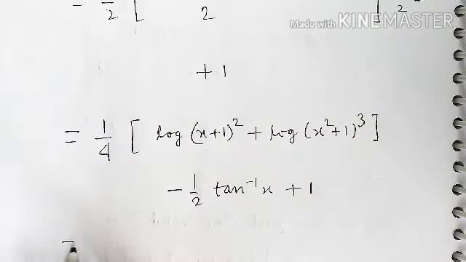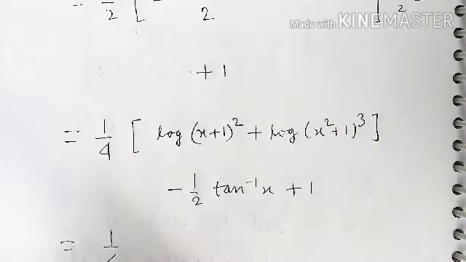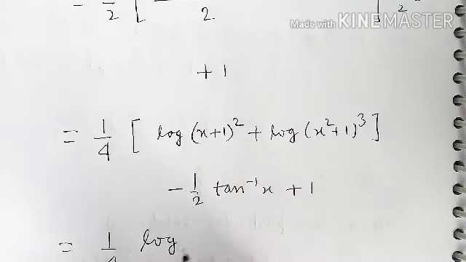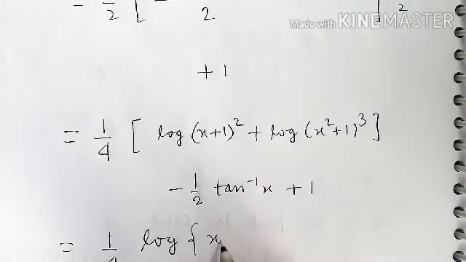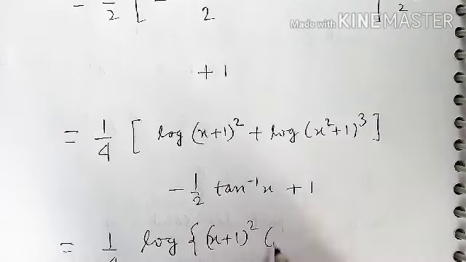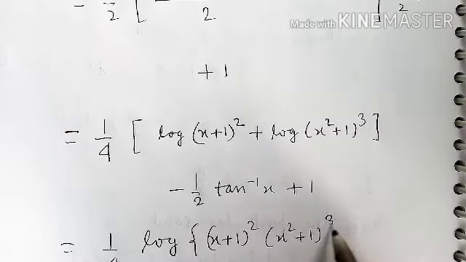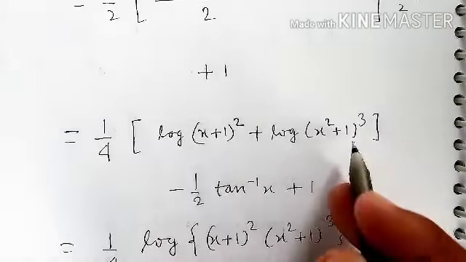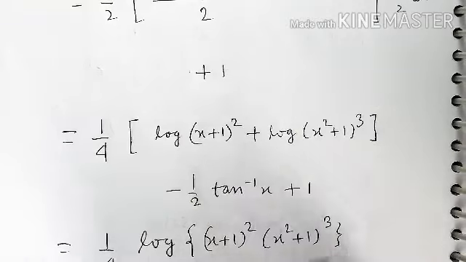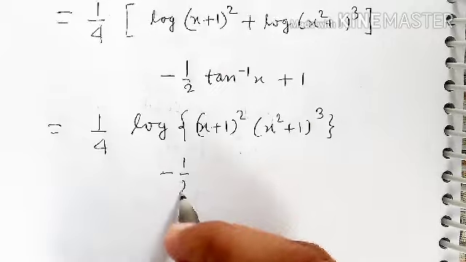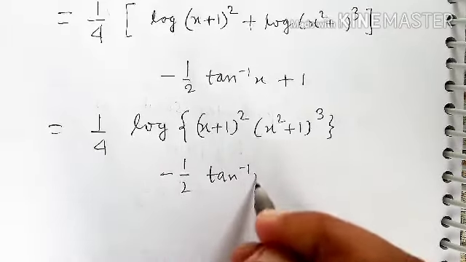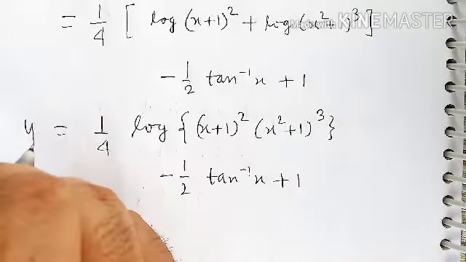So we have 1/4 log((x + 1)²(x² + 1)³), using log m plus log n is log mn, minus 1/2 tan⁻¹ x plus 1. This is our particular solution.